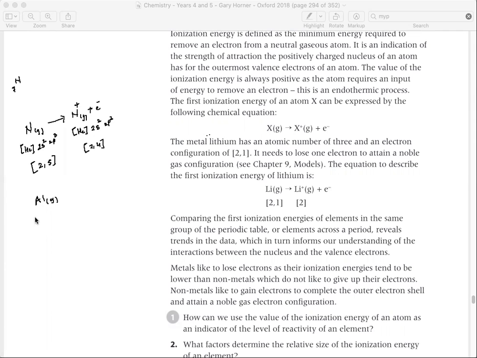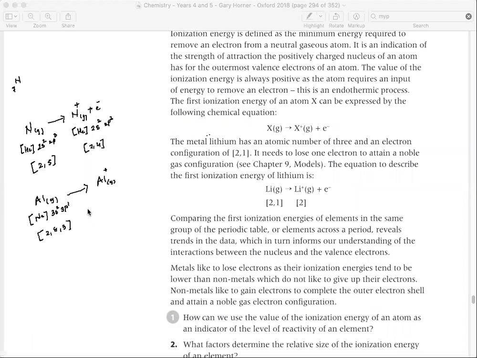Yes, sir. And then following that, neon 3s2 and 3p1, or we can also write 2, 8 and 3. Both ways are correct. Remove one electron, so this will form one positive ion.